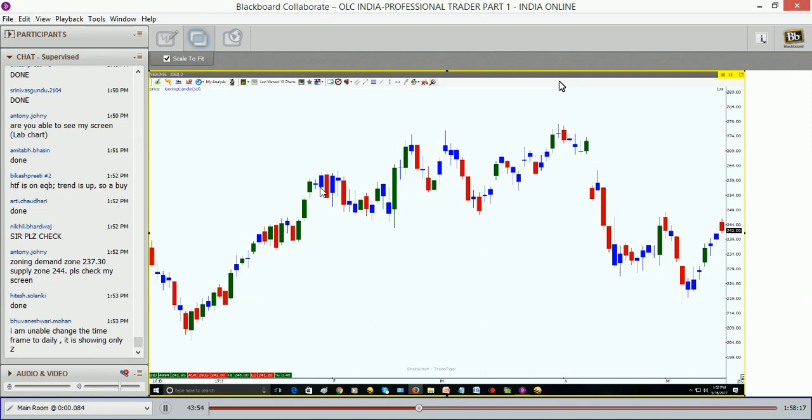Okay. Just a second. Is that the best zone you could find, Srinivas? Check if there is anything on the supply side as well.